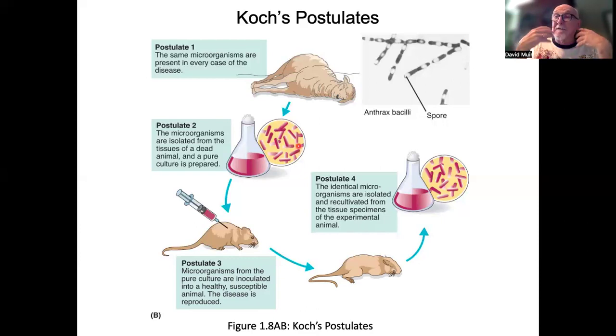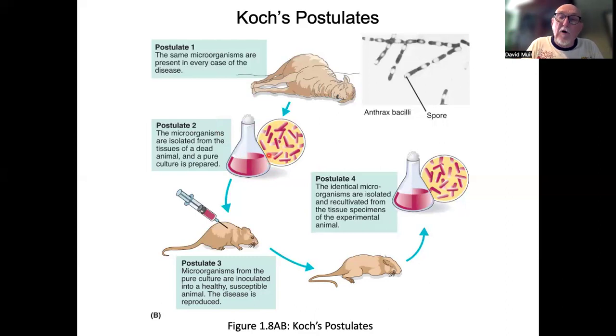Those two then divide for 4, 8, 32. Very, very soon in a culture, you will have a gazillion bacteria, which are all identical. They all have exactly the same genetic background. So this is what he did. He developed methods to produce a pure culture.